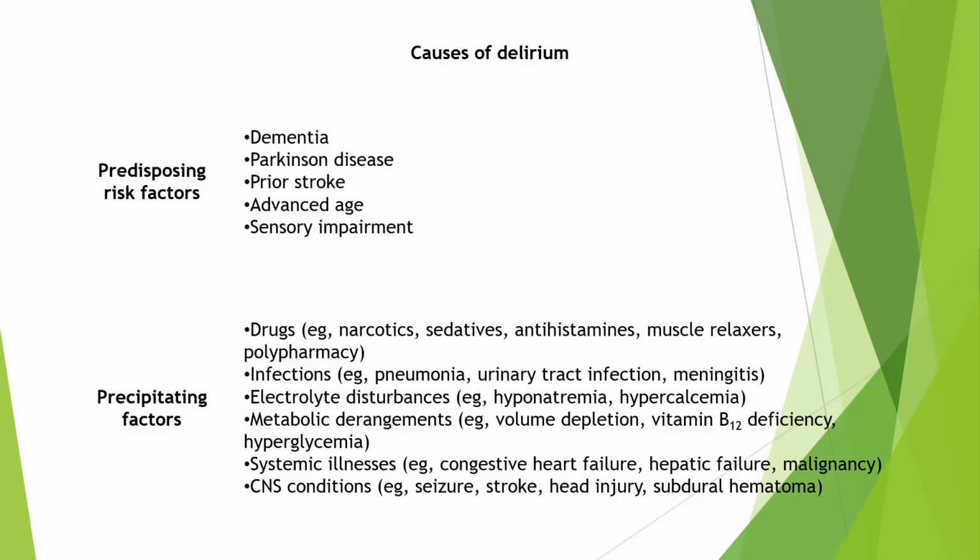If there are electrolyte disturbances like hyponatremia and hypercalcemia. If there is any systemic illness like congestive heart failure, hepatic failure, and malignancy. And finally, CNS conditions like seizure, stroke, head injury, and subdural hematoma.